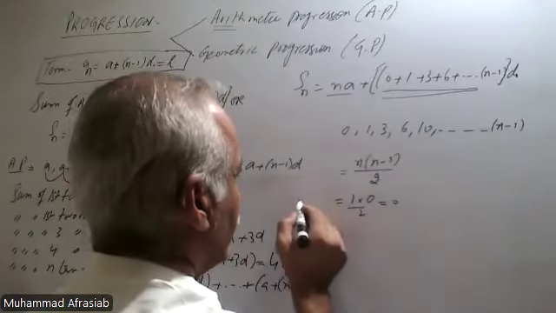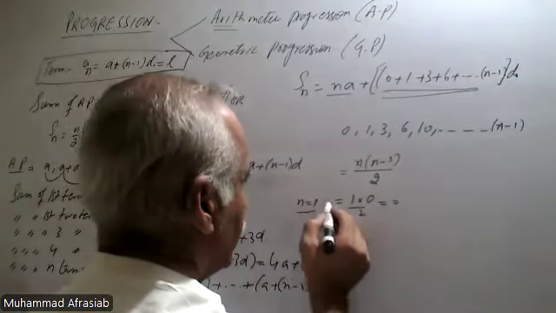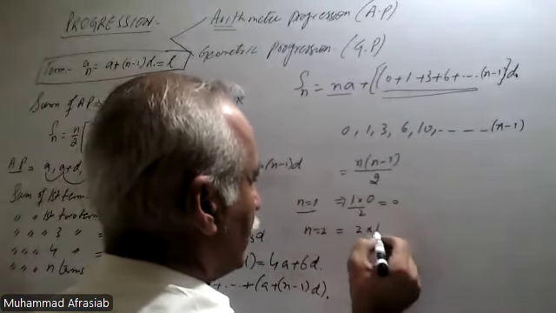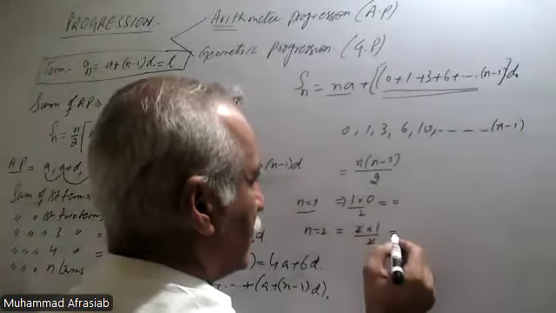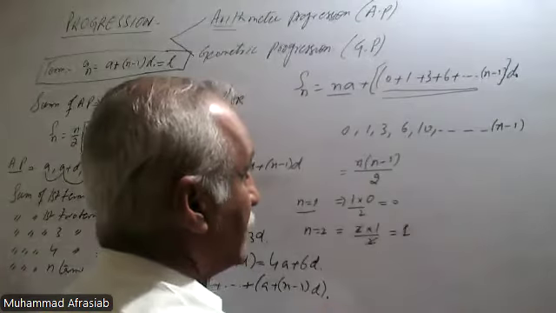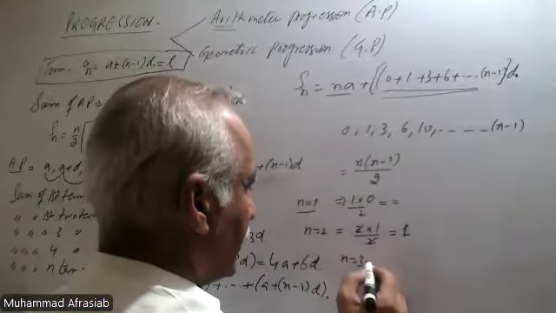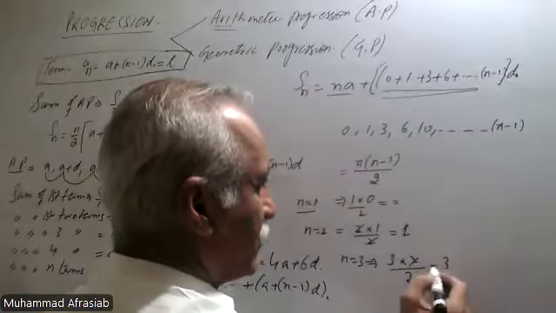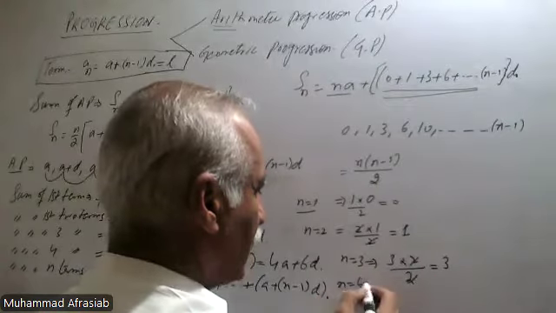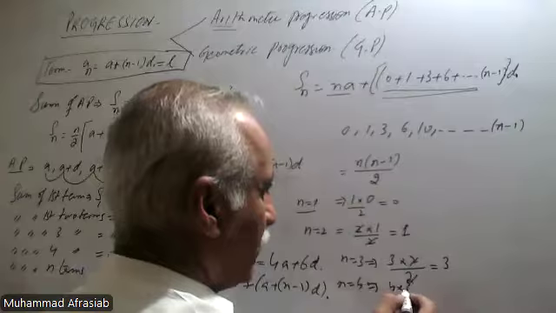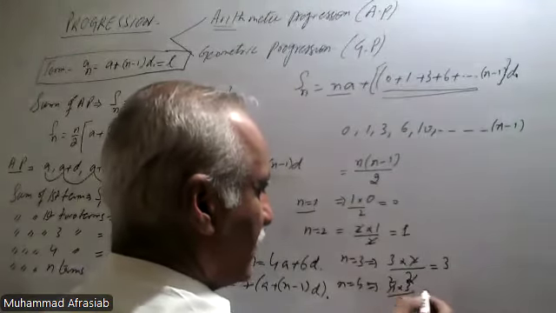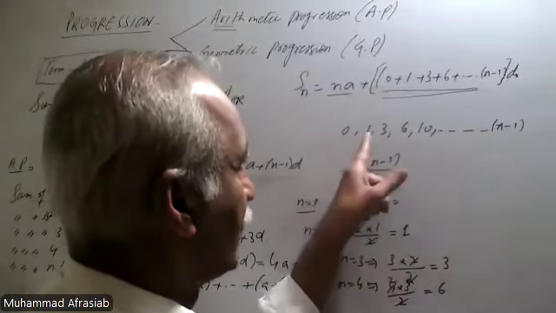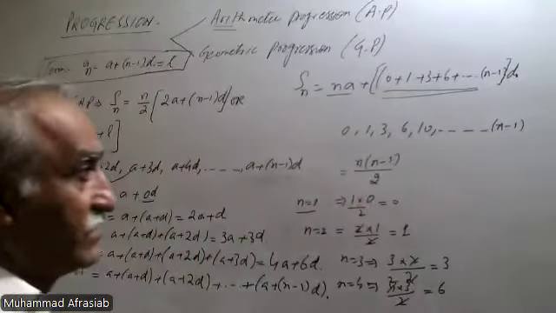If n is 2, then 2 into 1 over 2 is 1. If n is 3, then 3 into 2 over 2 is 3. If n is 4, that is 4 into 3 over 2, which is 6. So it is 0, 1, 3, 6, and so on. We can carry it on.